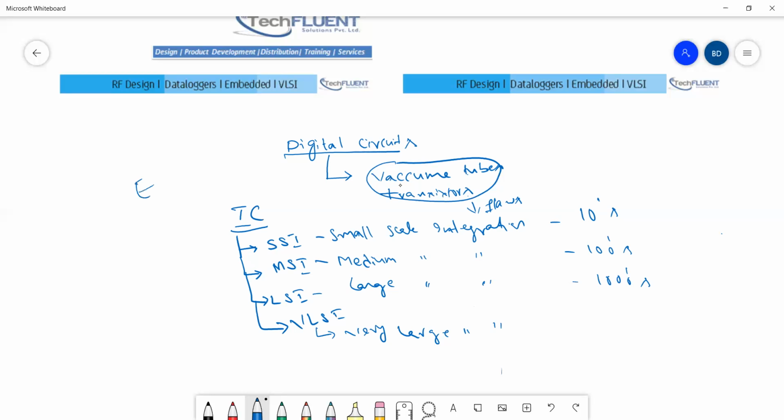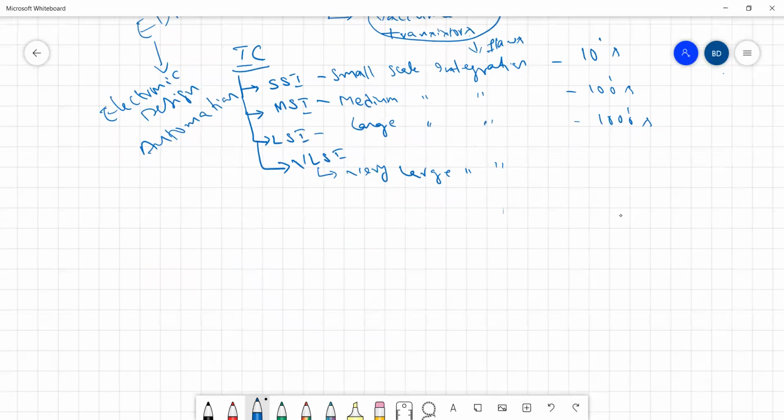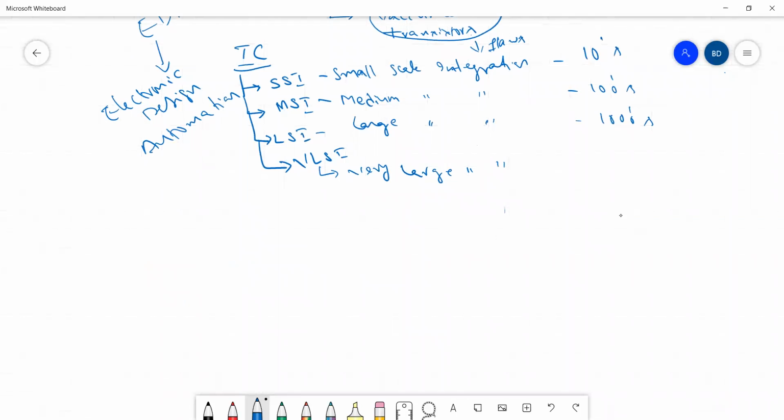So what is EDA? EDA is nothing but electronic design automation. Chip designers began to use circuit and logic simulation techniques to verify the functionality of the building blocks whenever there are more than 100 transistors on the chip.